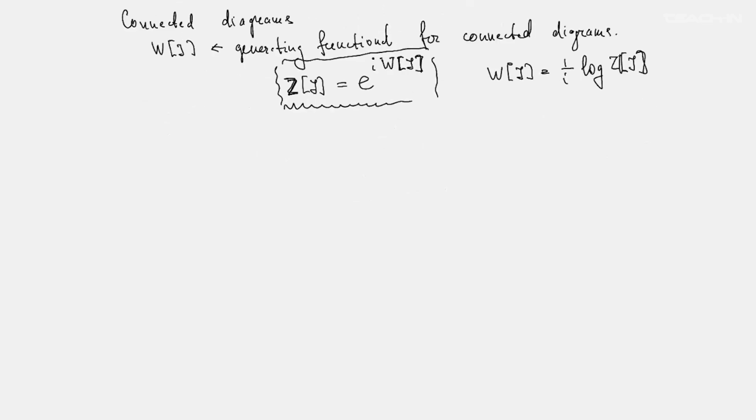So the Green's function depending on momenta p1 and so on pn is defined as a Fourier integral: you integrate d^4x_i, exponential of i(p1 x1 + ... + pn xn), times the Green's function G depending on n points x1 and so on xn. So this is the definition of the Green's function in momentum space.